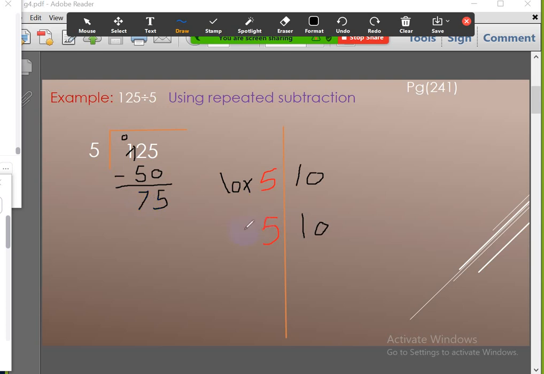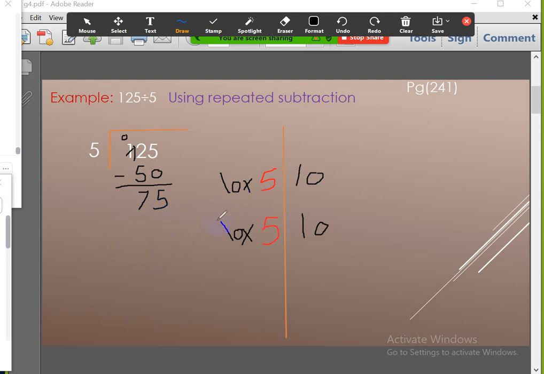You have to be careful, girls. Don't choose a number that will give you a multiple greater than 75. Okay? You have to choose a number that, if you multiply it with the divisor, the multiple will be less than 75.